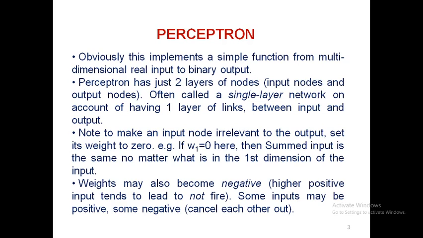The sum is the summer junction: summing of all the inputs and weights should be greater than or equal to theta to fire the corresponding neuron. In that case, some inputs may be positive or some inputs may be negative also.